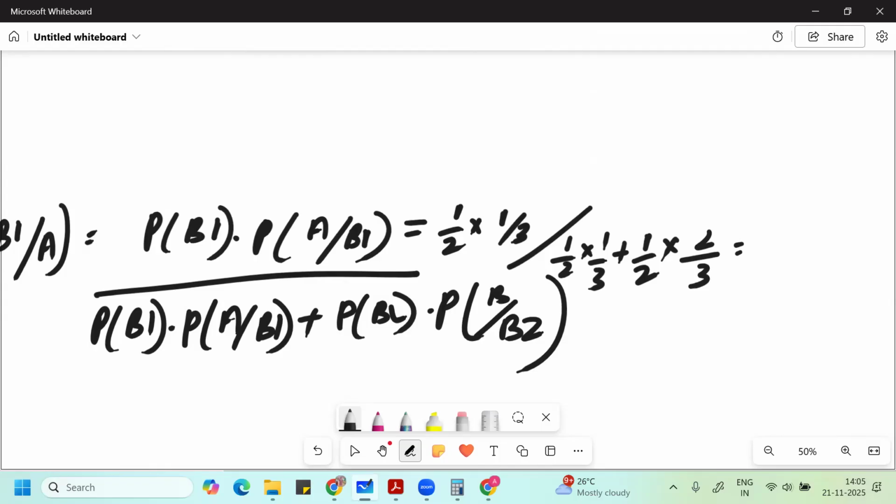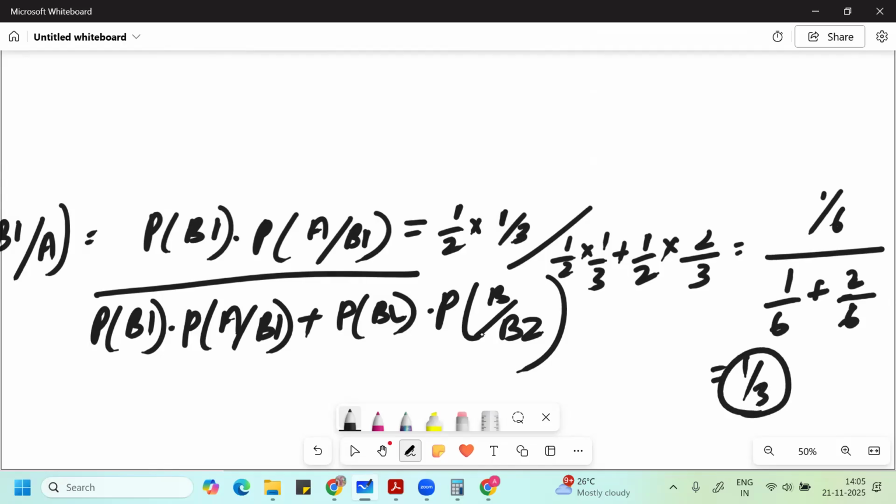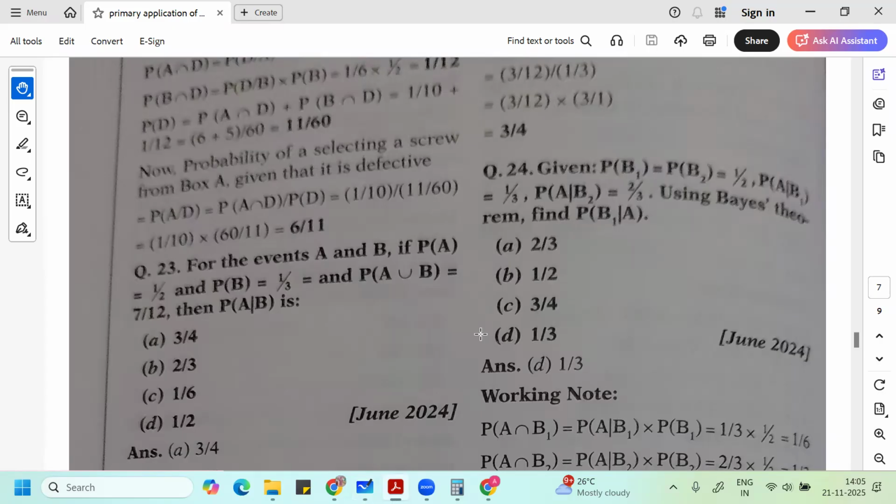So this would be 1 by 6 whole divided by 1 by 6 plus 2 by 6. So 1 by 6 by 3 by 6. So the answer would be 1 by 3. So the answer is option D, 1 by 3.